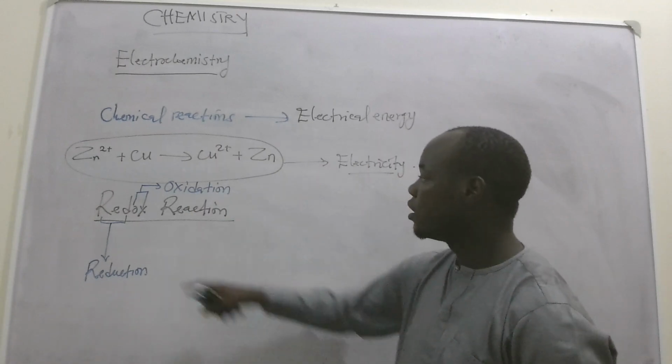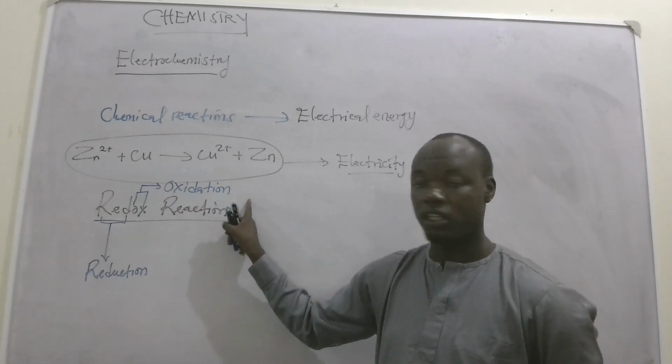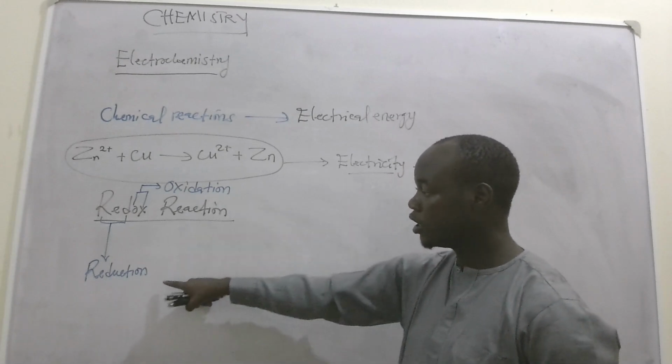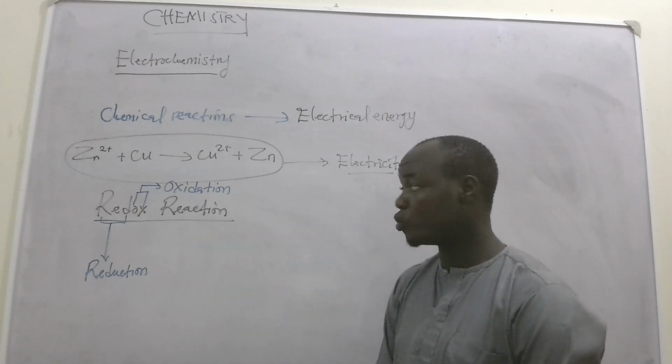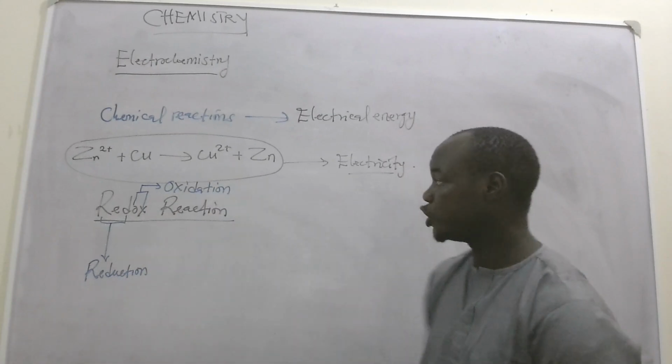So red means reduction, ox means oxidation. Now let's look at the concept of oxidation and reduction individually.